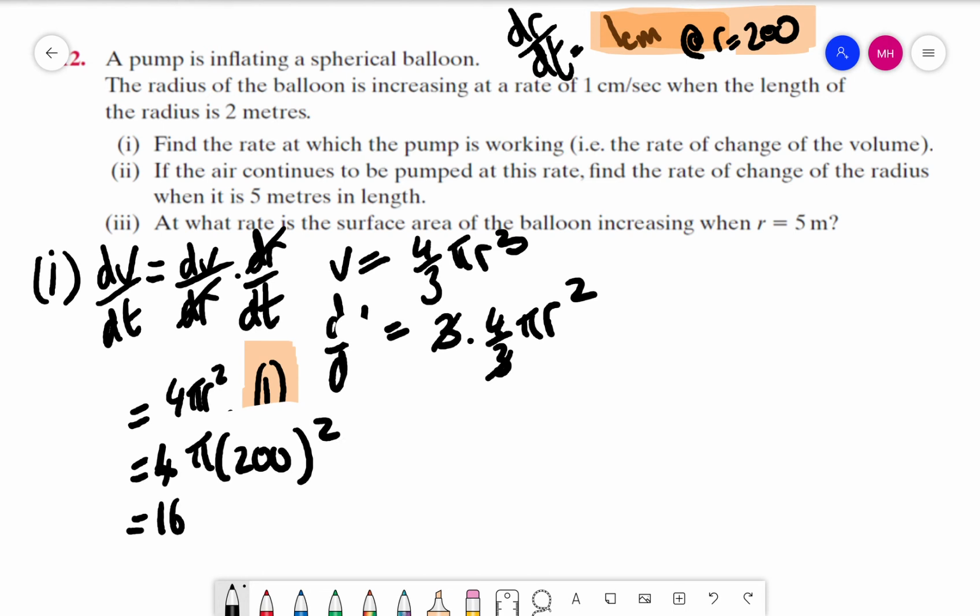So you've got 160,000 pi centimeters cubed. The rate of change of volume is going to be in centimeters cubed. So that's essentially your part 1 answer, dV/dt.